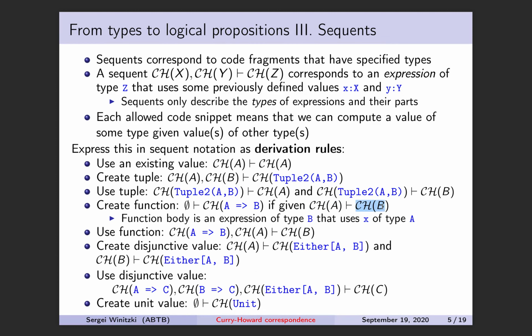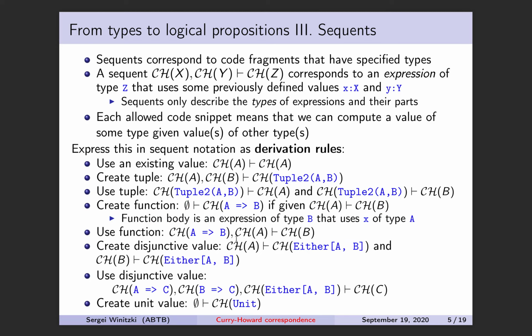This expression of type B can be written given a value of type A. So if we're given this sequent, then we can prove this sequent. So this is a derivation rule. A sequent can be proved if some other sequent is given and is proved.